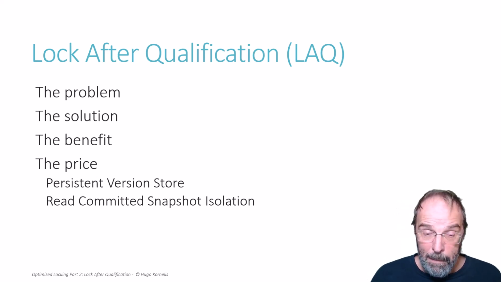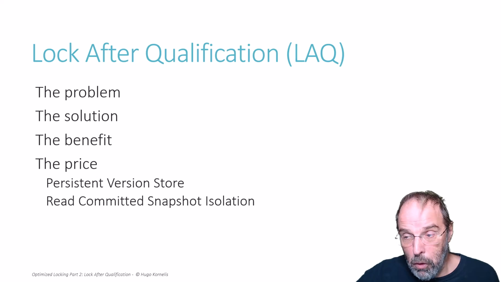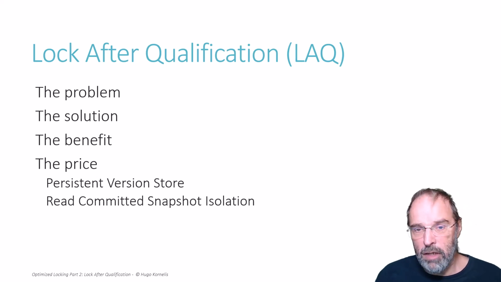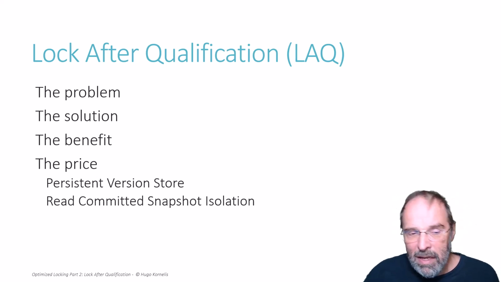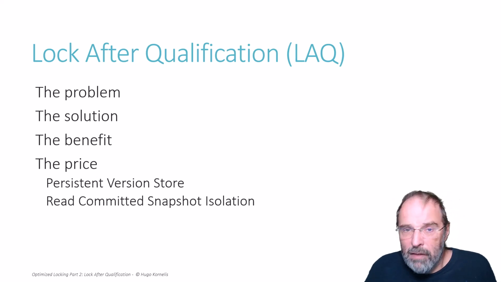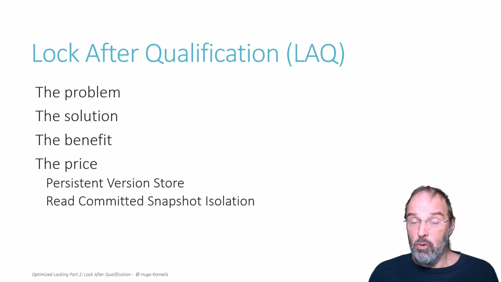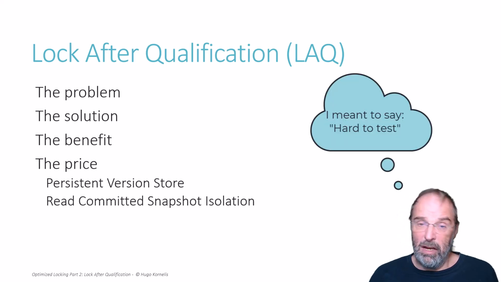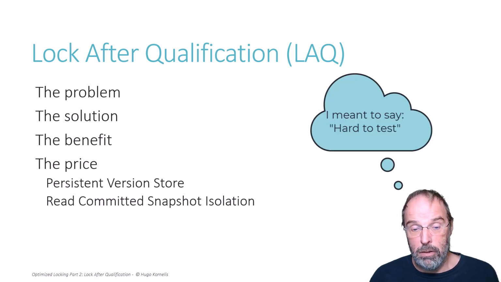And yeah, that might be a benefit because readers and writers don't block each other anymore, but it might also be a problem because those readers now return old data instead of waiting and then returning new data. And if your application is not built for that and is not tested for that, you might run into issues, and issues that are hard to predict in testing because they are basically race scenarios.